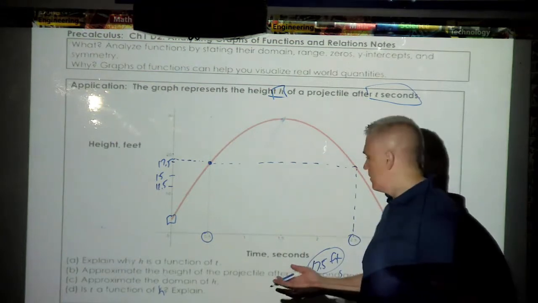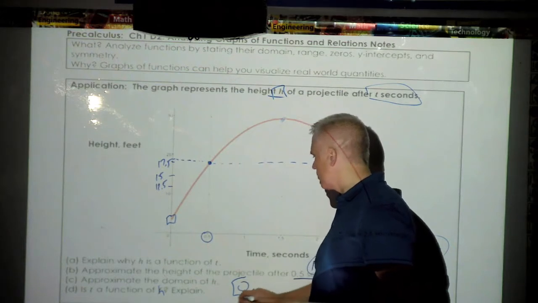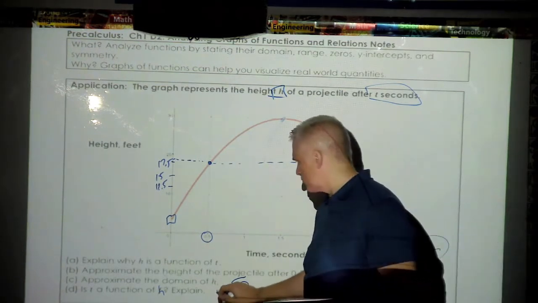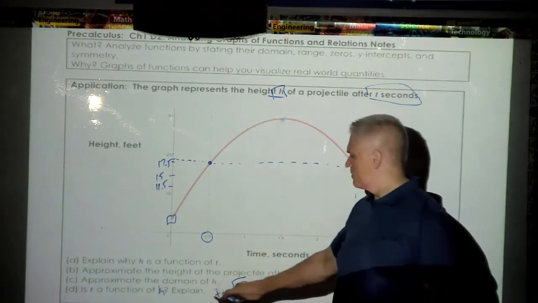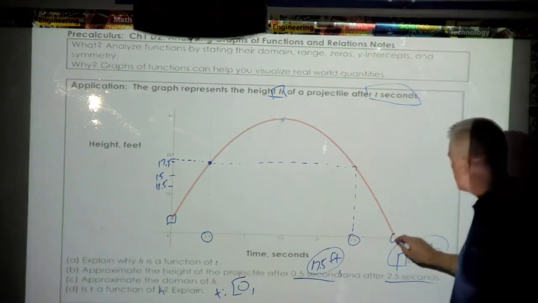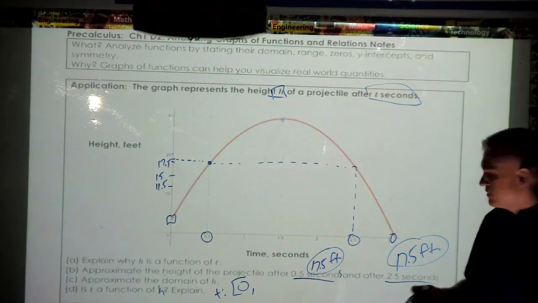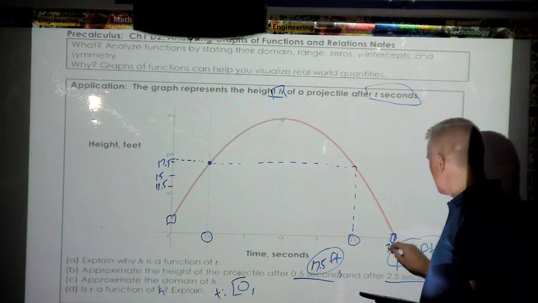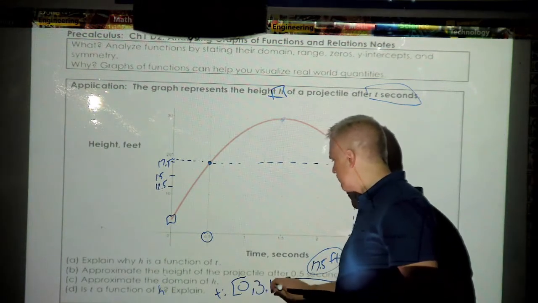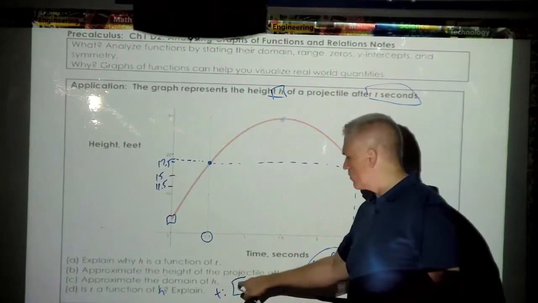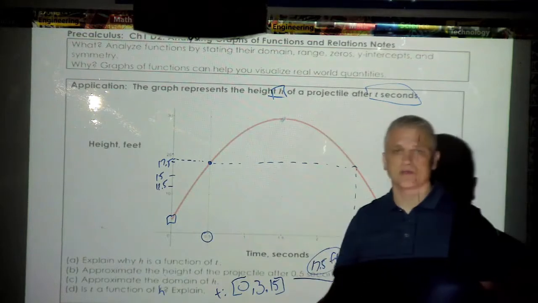Therefore, we start at 0, and it includes 0 for our domain. So for our domain, t has to be from 0 all the way to this point. This is how far right it goes. Looking at the grid, we'll say that this is 3.15. So from 0 to 3.15, and it includes both. Once 3.15 seconds has gone by, the object is already back on the ground.